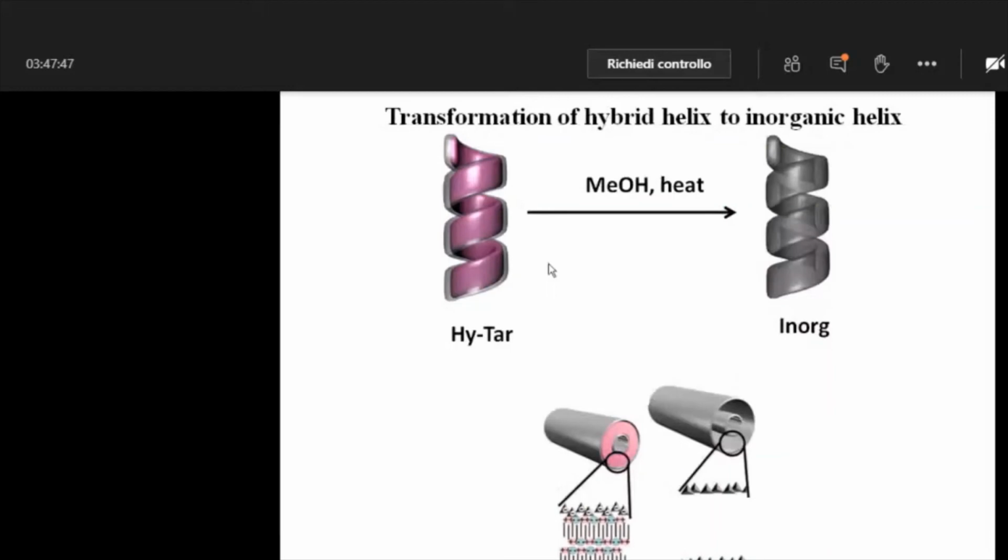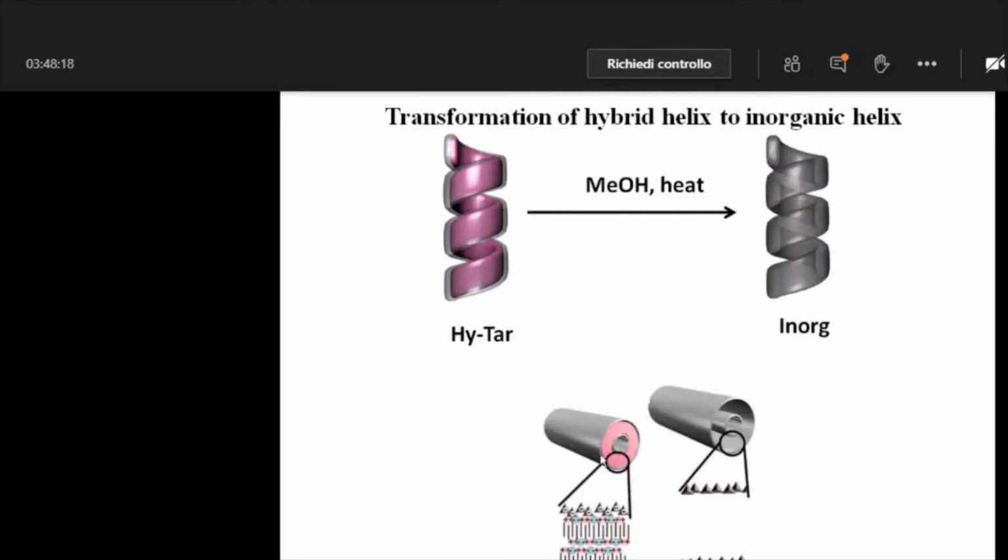So the experiment was planned in this way. We started with the chiral nanostructure having chloride as the anion, and it's well established in Noda's group that once you treat these hybrid helices with hot methanol, you can easily retain the silica helical structure and remove the organic content which is present within the silica walls, and then finally you just have the inorganic silica helices.